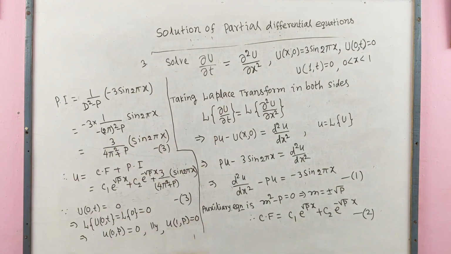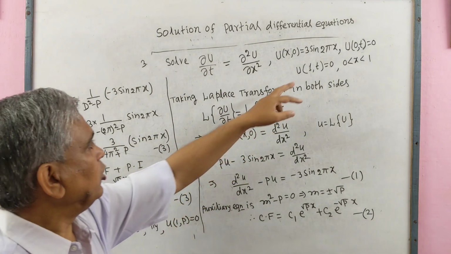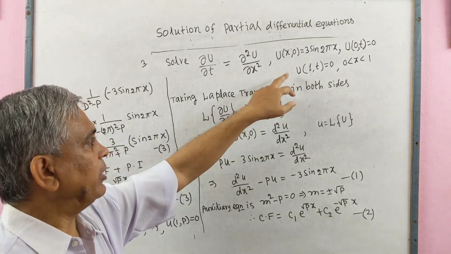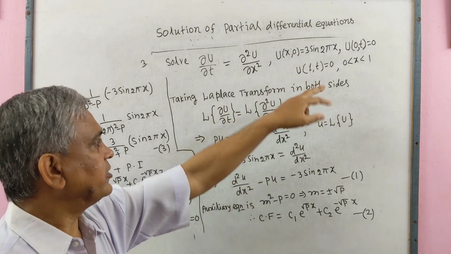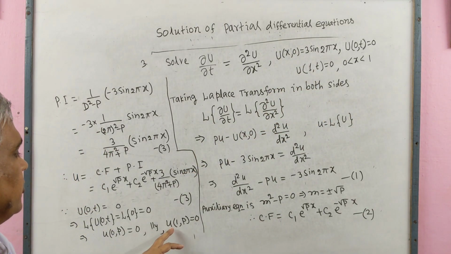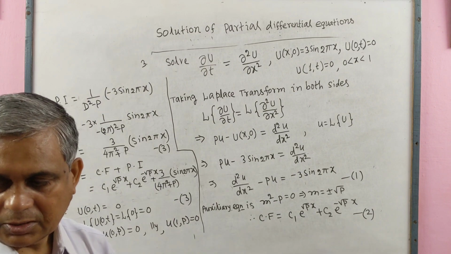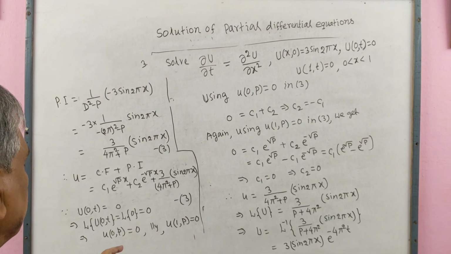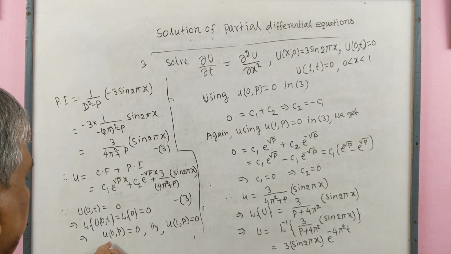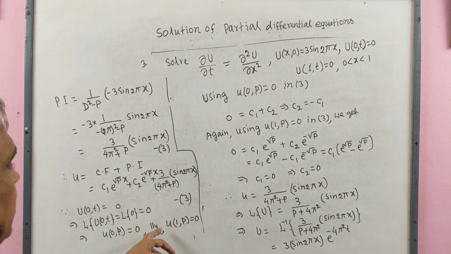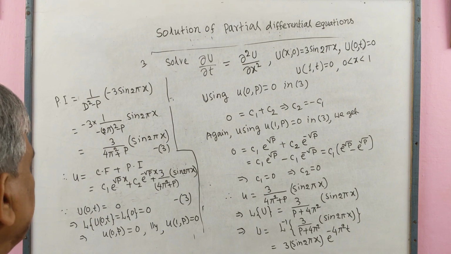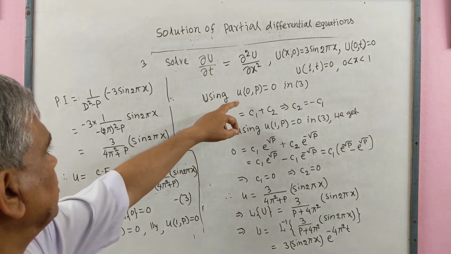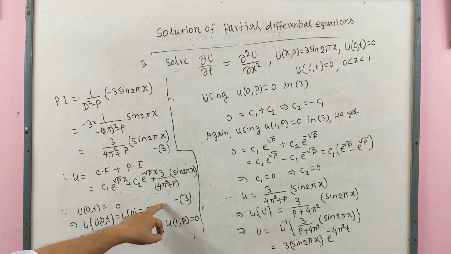Similarly, given that u(1,t) = 0, we apply the Laplace transformation on both sides, we get the right side 0 and the left side is small u(1,p). Now we have already got u(0,p) = 0, similarly u(1,p) = 0. Using u(0,p) = 0 in equation 3.